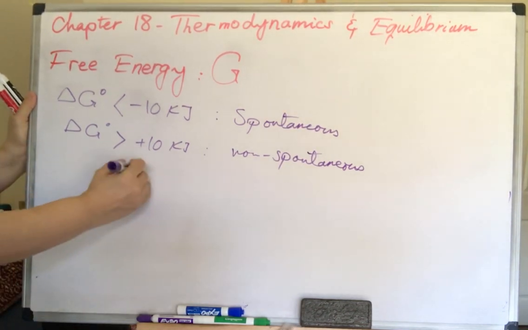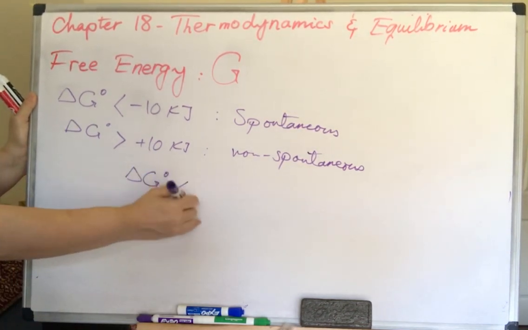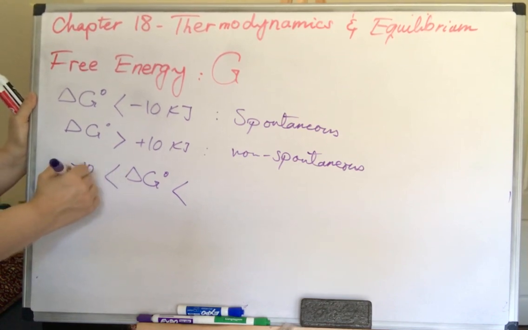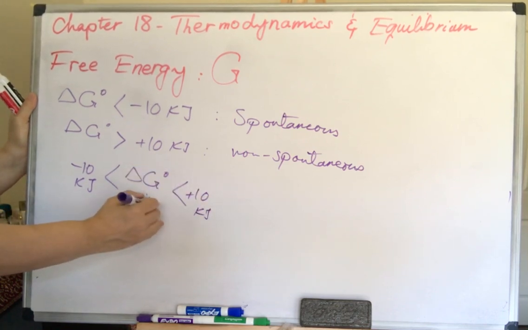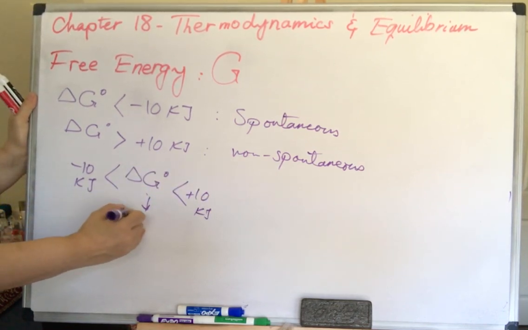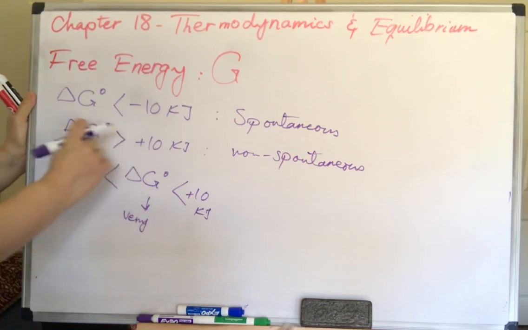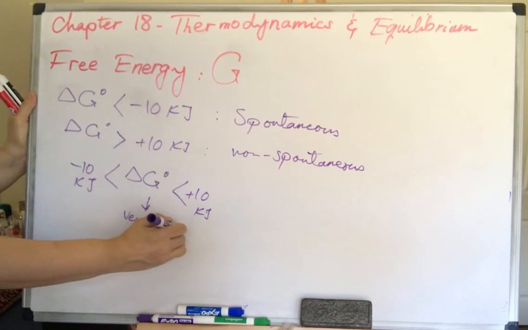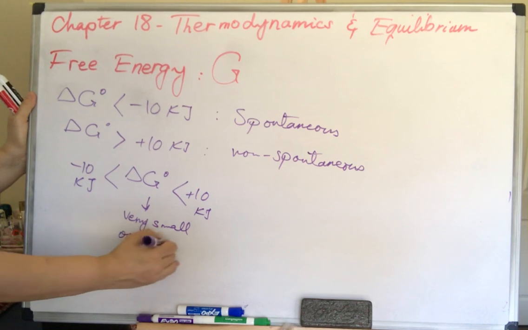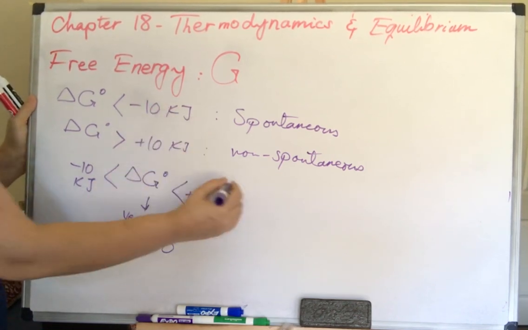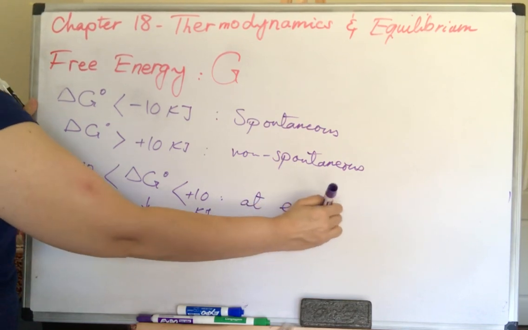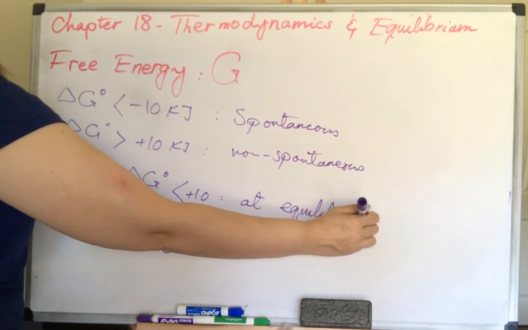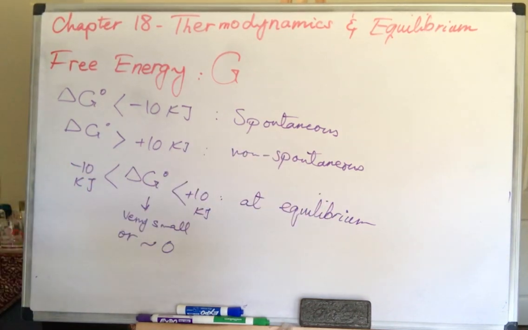And when delta G is between minus 10 and positive 10 kilojoules, or almost 0, then the system is at equilibrium. So if you have the value for delta G, you can easily decide on the spontaneity of the reaction.